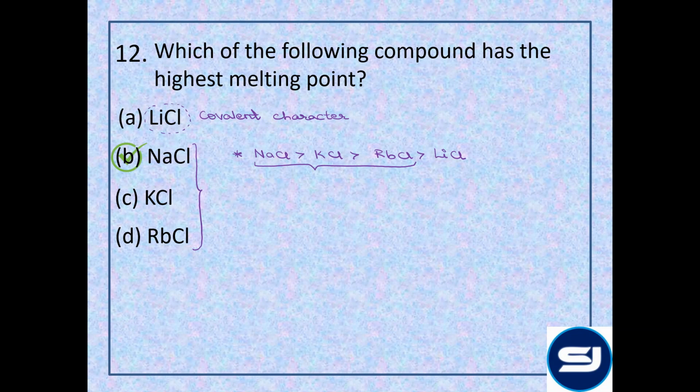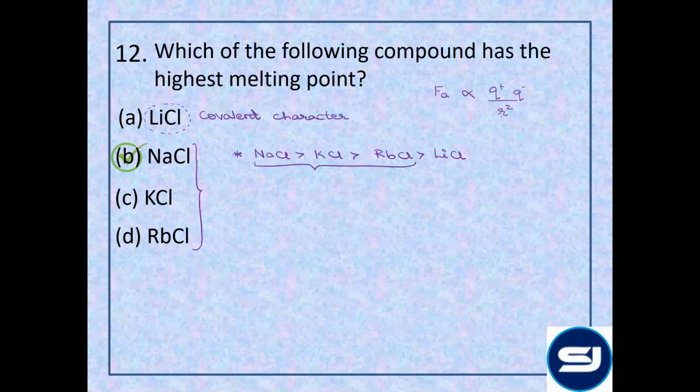The coulombic force of attraction doesn't depend on the molar mass. In fact, the force of attraction is dependent on the charge on the cation, charge on the anion का product and inverse to the square of the distance between them. तो जितना उनके बीच में डिस्टेंस कम होगा उतना फोर्स ऑफ अट्रैक्शन स्ट्रॉन्गर होगा और उतना ही हायर मेल्टिंग पॉइंट होगा. So if you think with respect to molar mass, you will go wrong. And remember, ionic compounds का melting and boiling point is not decided by molar mass.